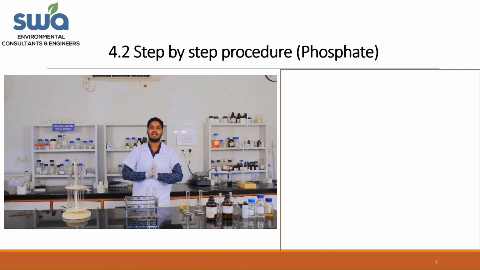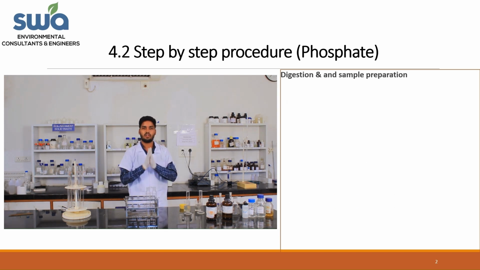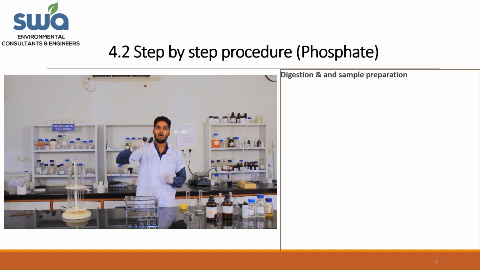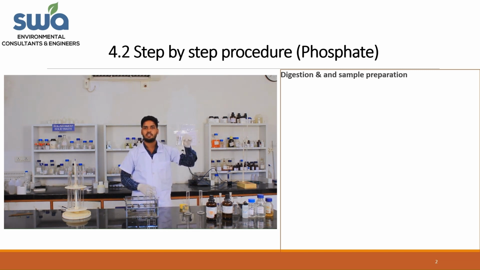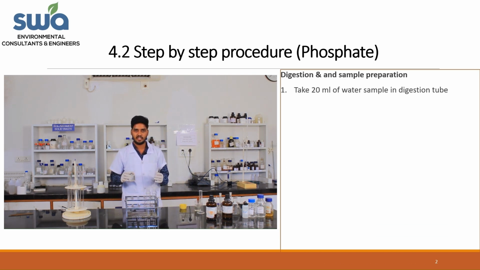So let's start with the step-by-step procedure of measuring total phosphate in the given sample. First we will start with the digestion process. For that we have two samples here. First is of STP inlet and second is of STP outlet. We will take 20 ml of each sample into the digestion tubes.